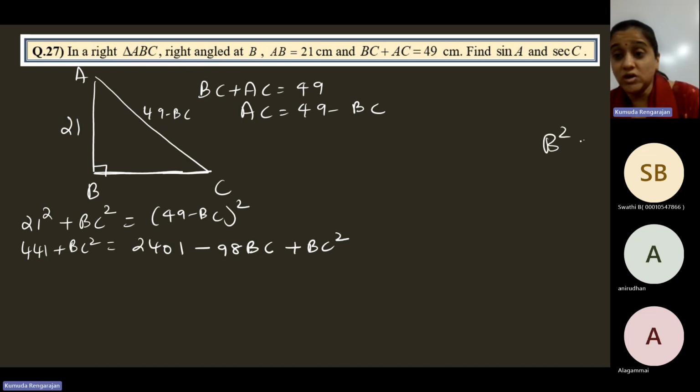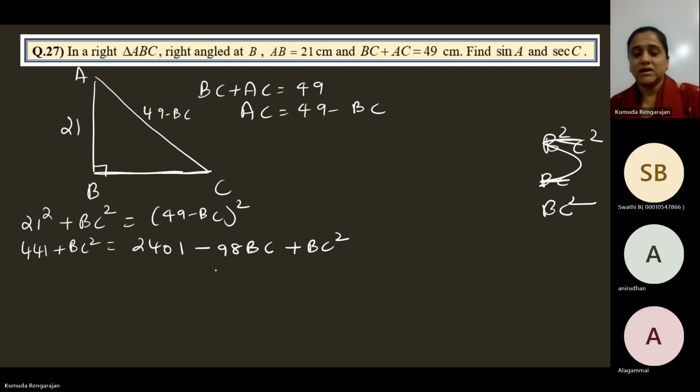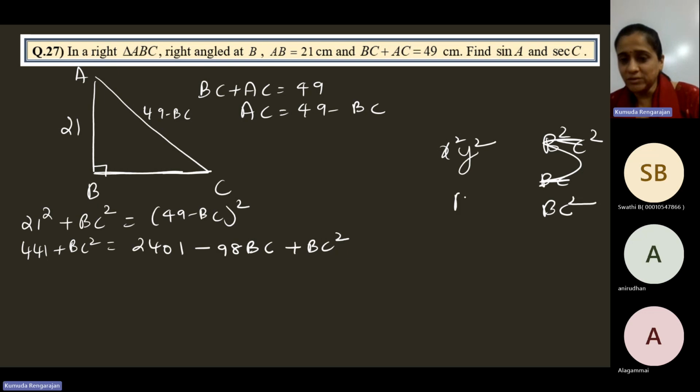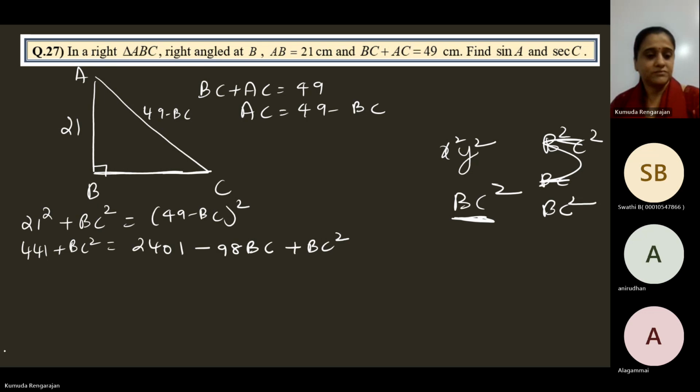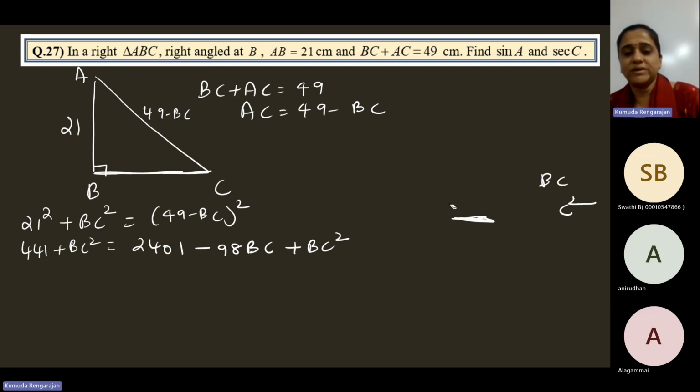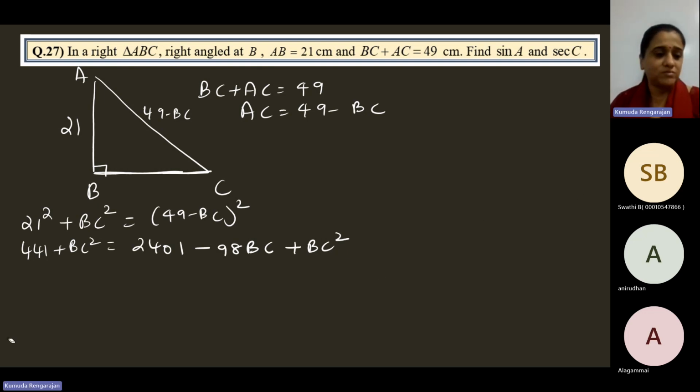B square is not, it's not this, children. B and C are not separate; BC is one side. So BC square, that's all. If it were XY, it would be X square Y square, but BC is just one side. So BC square. A minus B the whole square is A square minus 2AB plus B square.